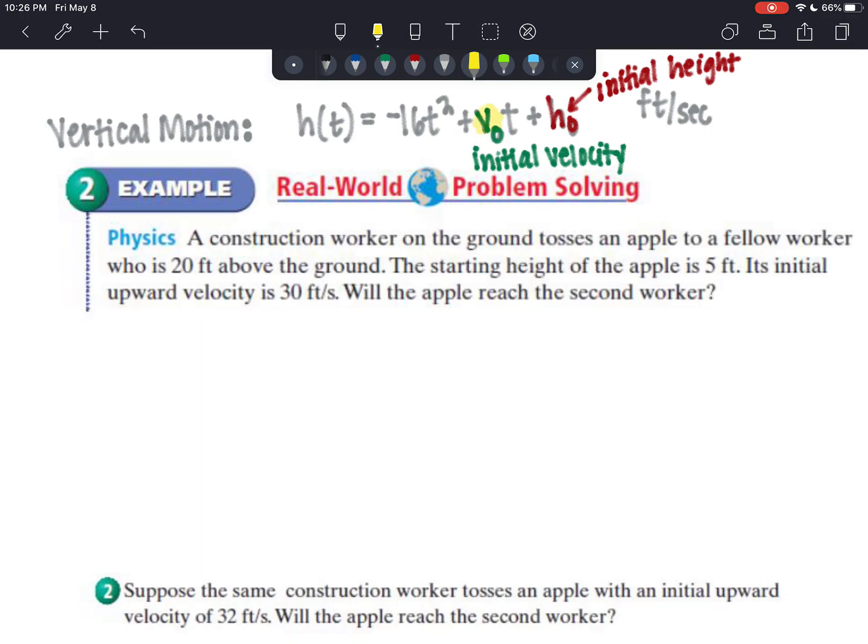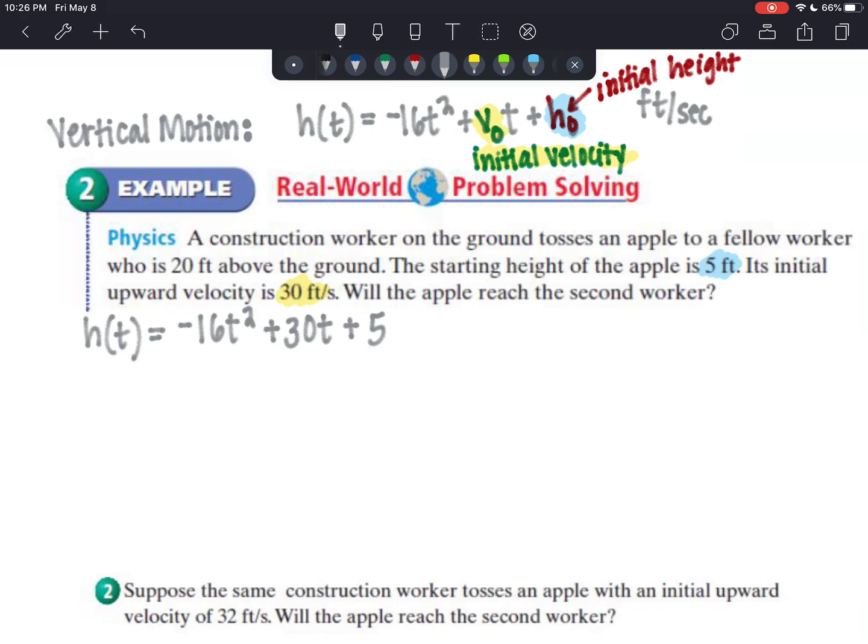So we're going to write this equation by filling in the initial velocity with 30 feet per second, and the initial height of the object is 5 feet. So our height off the ground with respect to time is negative 16t squared plus 30t plus 5.